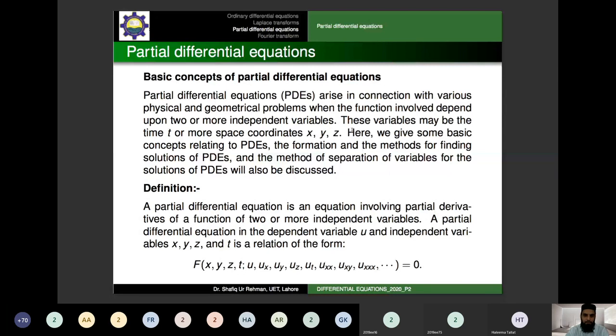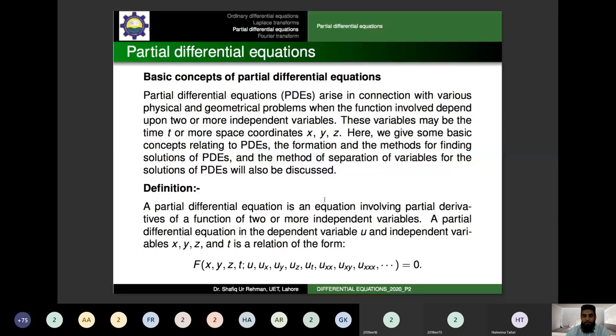A few words about partial differential equations: we say that they arise in connection with various physical and geometrical problems when the function involved depends upon two or more independent variables. These variables may be a temporal component, meaning time, or spatial components like space coordinates x, y, z.